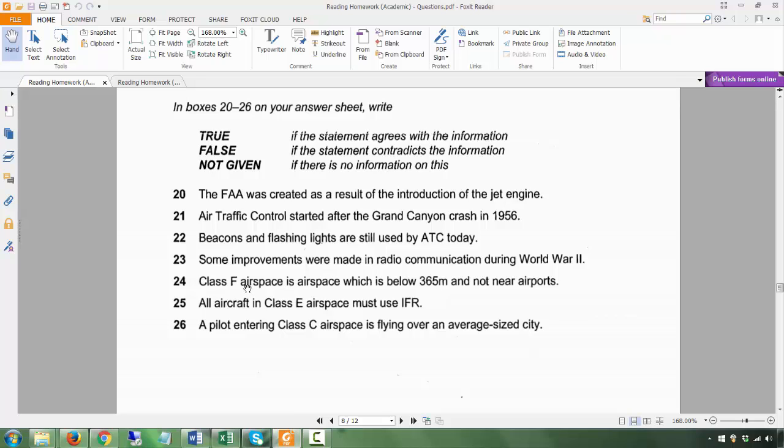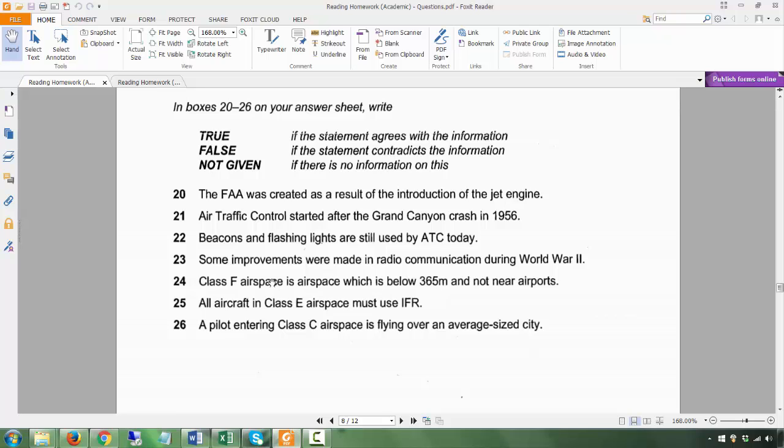Now, Class F airspace is airspace which is below 365 meters and not near airports. This is a question that some students get very confused about. You actually have to go to a few parts to understand this. I'll give you the answer first: the answer is true.